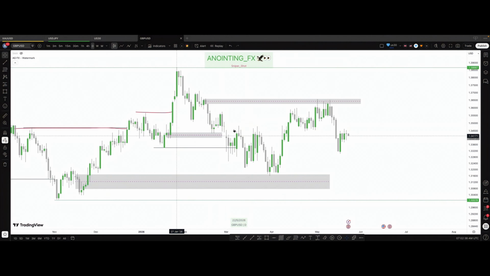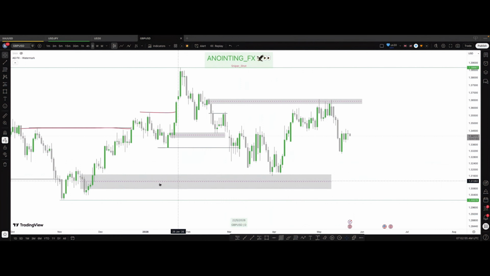So we had price tap into this level, go to the upside, mitigate this hidden engulfing, and a gap and price drop. So price finally came into this weekly demand zone, and then it went to the upside.